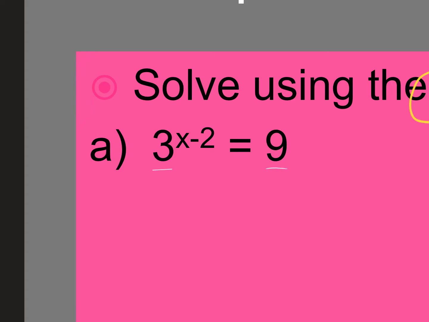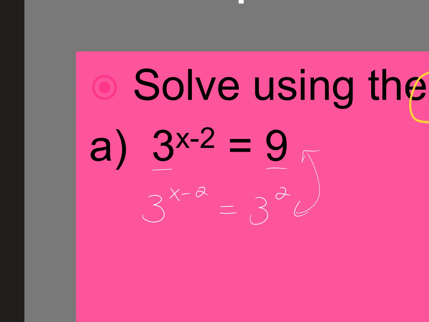All right, we want to get those bases to be the same. I cannot break 3 down anymore, so I'm just going to leave that as 3 to the x minus 2. What is another way that I could write 9? 3 squared. Everybody agree? I did not change the value here at all. I changed the way it looks, but I did not change the value. 9 is the same as 3 squared.